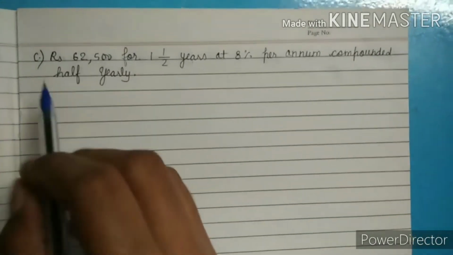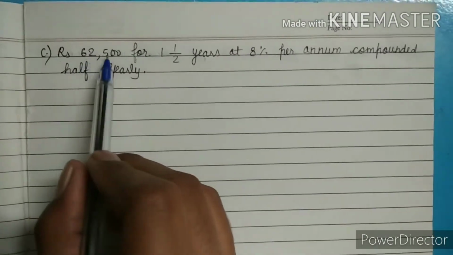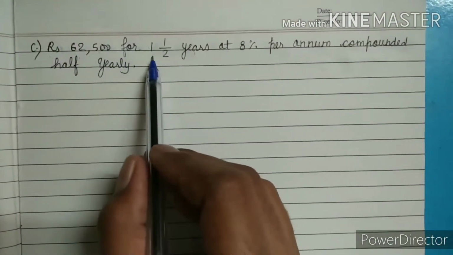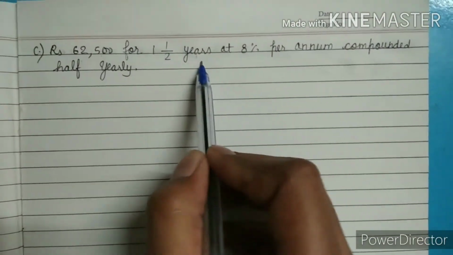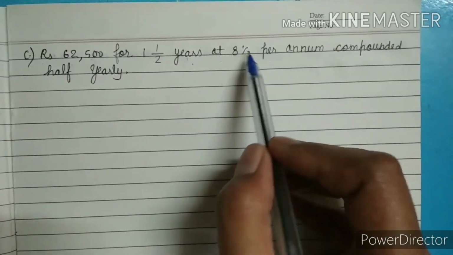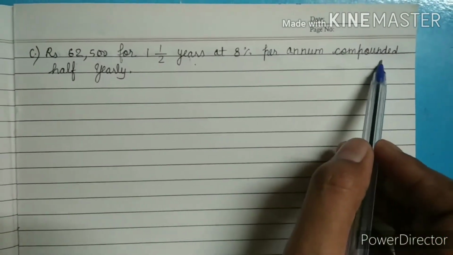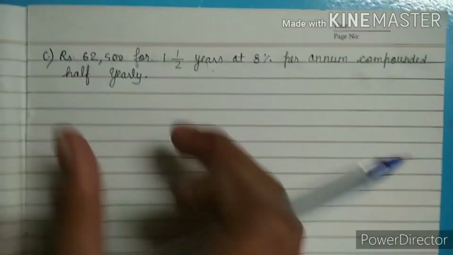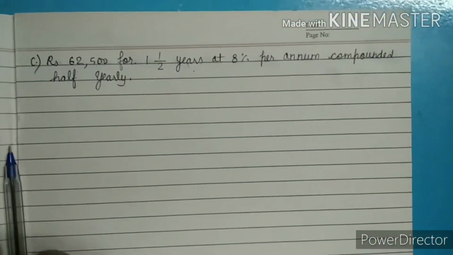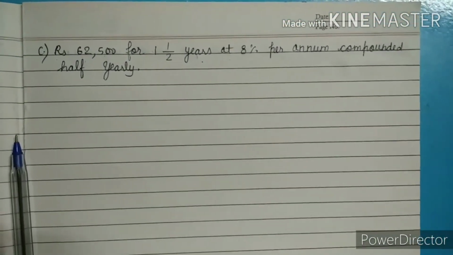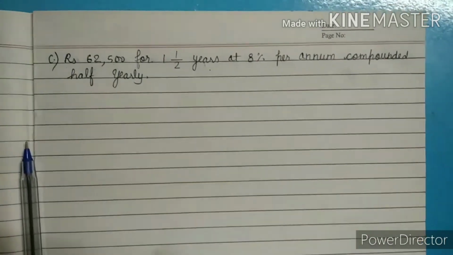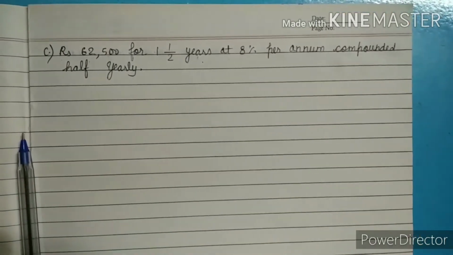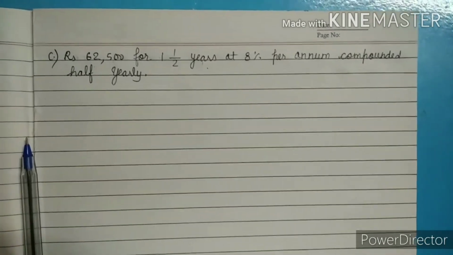Question number C of first, that is rupees 62,500 for 1 1/2 years, 8% per annum, compounded half yearly. Half yearly means the duration of 6 months. So in 1 year, how many 6 month durations? 2.